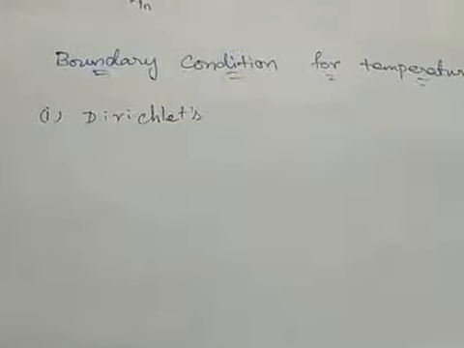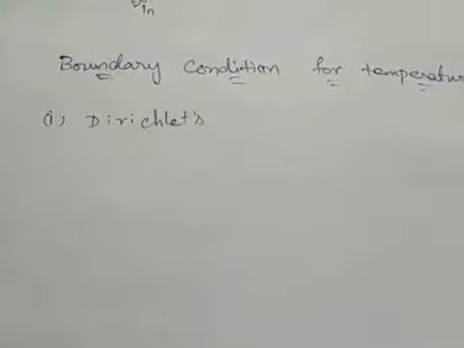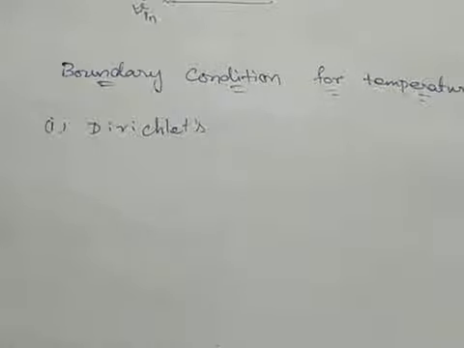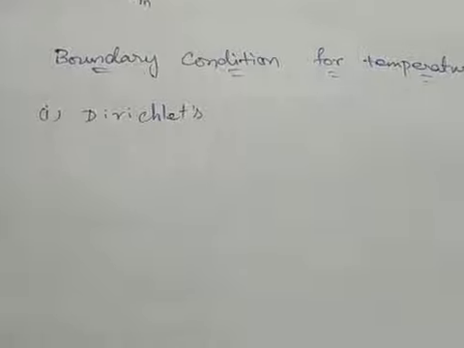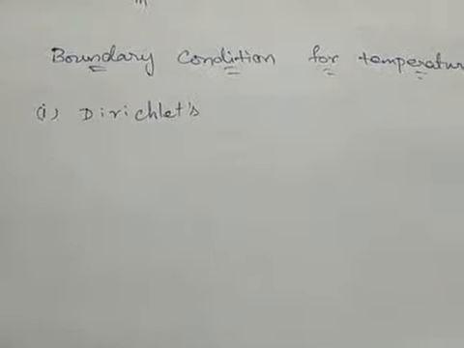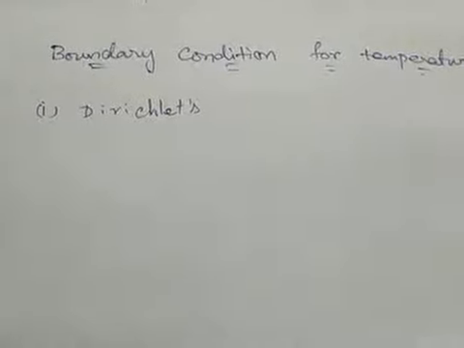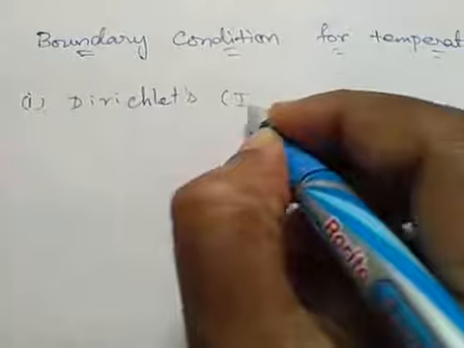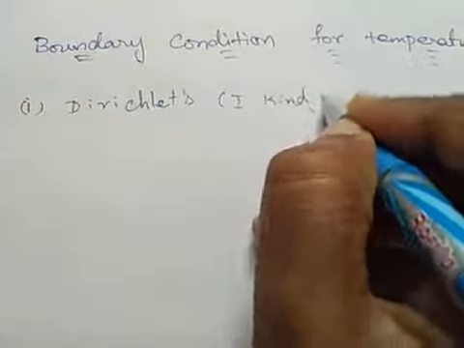So, if the surface or the fluid flow is maintained at a fixed temperature, this type of boundary condition we call Dirichlet's boundary condition, or this is also known as boundary condition of first kind for temperature.